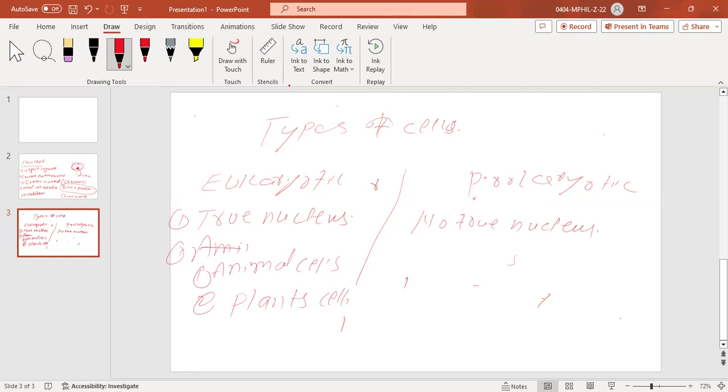And as I just told you a few minutes before, the ribosome which is present here is 80S.